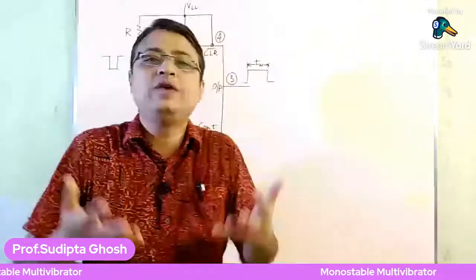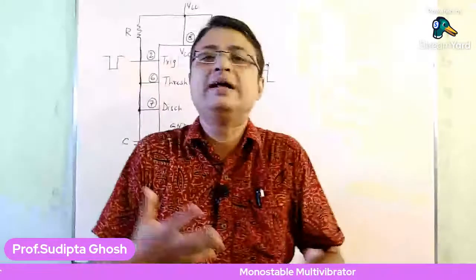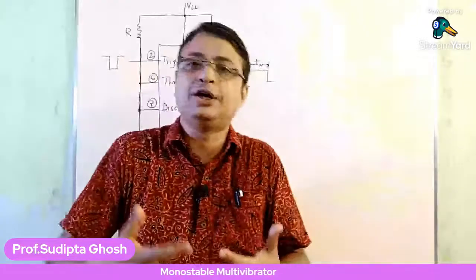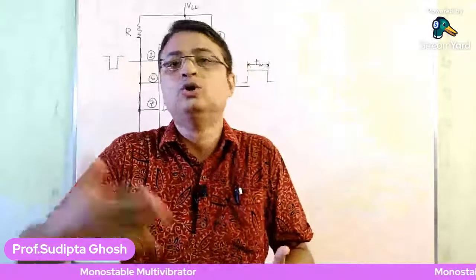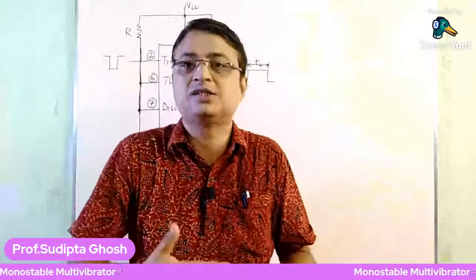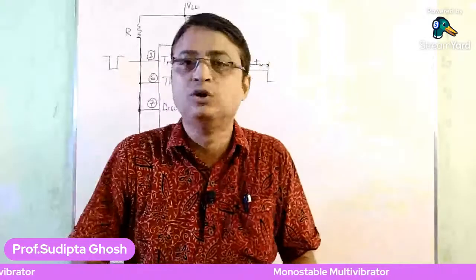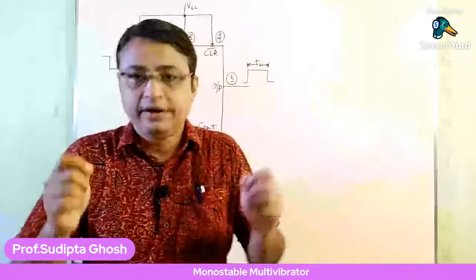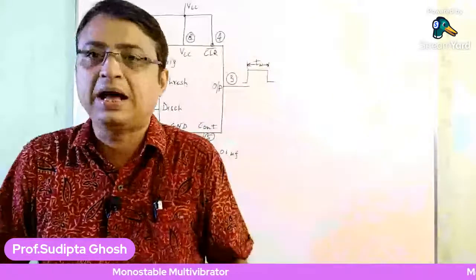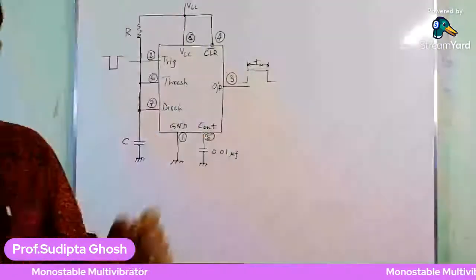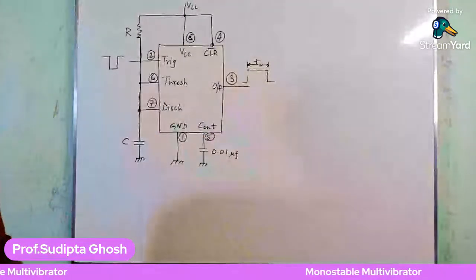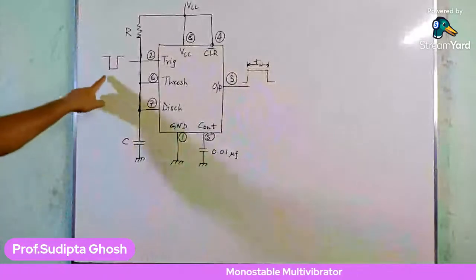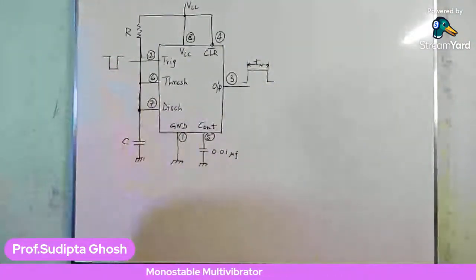So now we are interested in making this low value go high. To make this low value a high value, we have to apply a trigger input. And what is the trigger input? Already I have discussed, the trigger input is nothing but a negative going pulse.